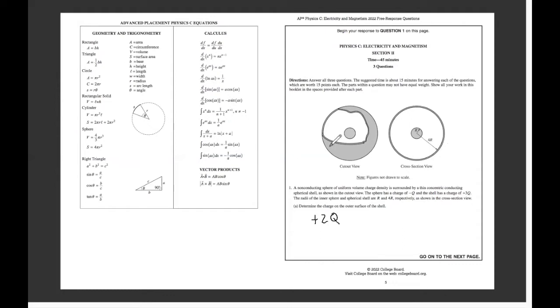And so the inner surface of the shell has to have plus Q in order to cancel the negative Q of the non-conducting sphere. Therefore, if I create a Gaussian surface inside that thin conducting spherical shell, the enclosed charge is going to be equal to 0. And therefore, the outer part of the conducting shell gets the remainder of that excess charge.